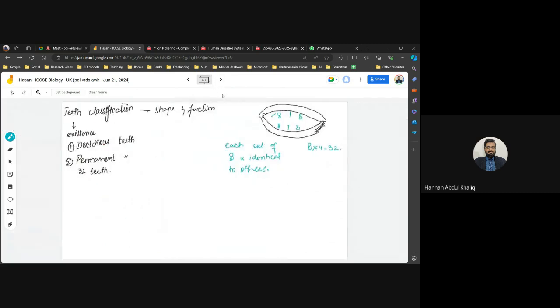Remember one more thing before telling you about the canine. The number of different teeth would be different when it comes to different animals.